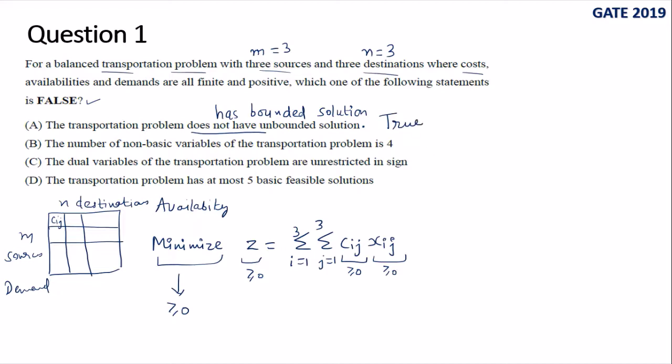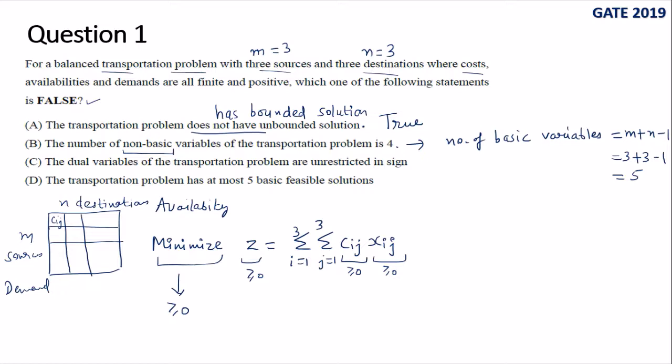The number of non-basic variables of transportation problem is 4. For this we need to know the formula that the number of basic variables of a balanced transportation problem is m plus n minus 1, where m is 3, n is also 3. This is given to us in the question. So this is 5, but they are asking about the number of non-basic variables.